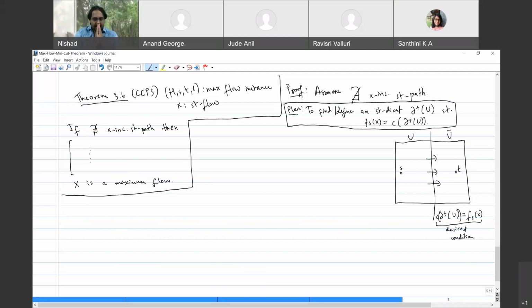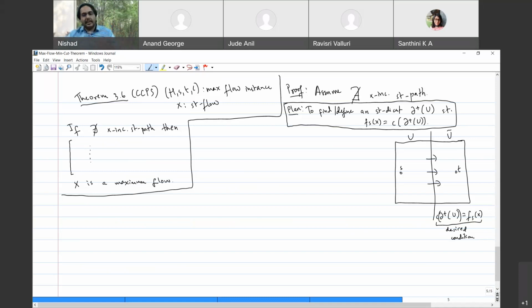So that is exactly what we want to do. How do we go about this? We want to find this kind of a dicut.